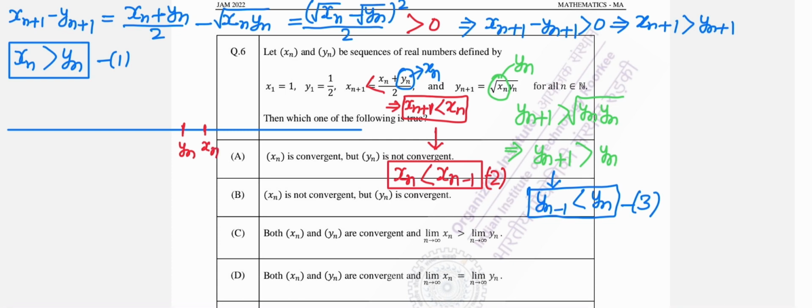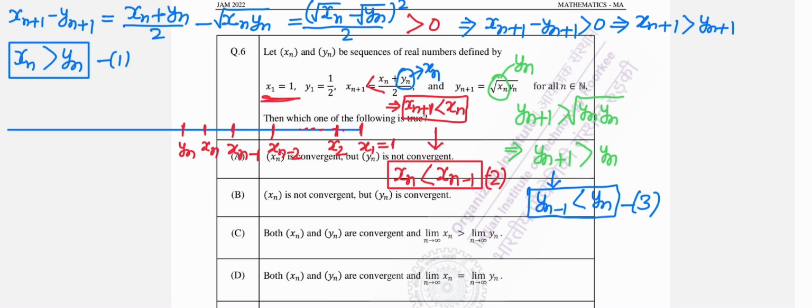Now see this relation. You see x n minus 1 is greater than x n. So then x n minus 1 will be here, and similarly x n minus 2 will be here, and dot dot dot, and here will be x2, here will be x1, and this x1 is given to be 1.